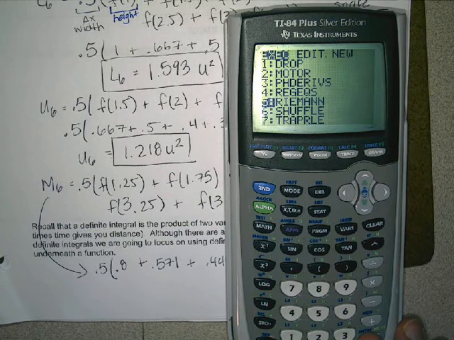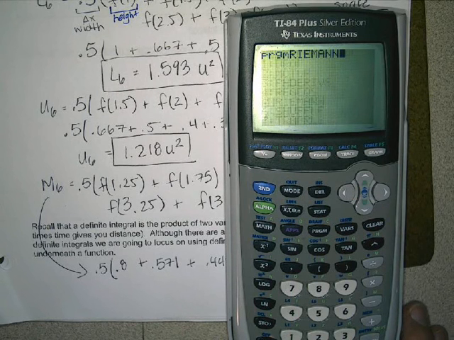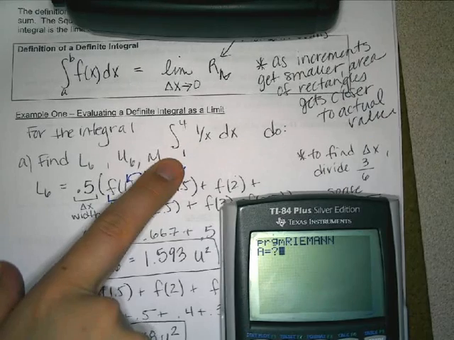Okay, so if you have a Riemann sum program, and if you don't, we'll get you loaded up tomorrow. You would run the program. What's the A in this problem? The A is the beginning interval value, which is 1, because we're going from 1 to 4.